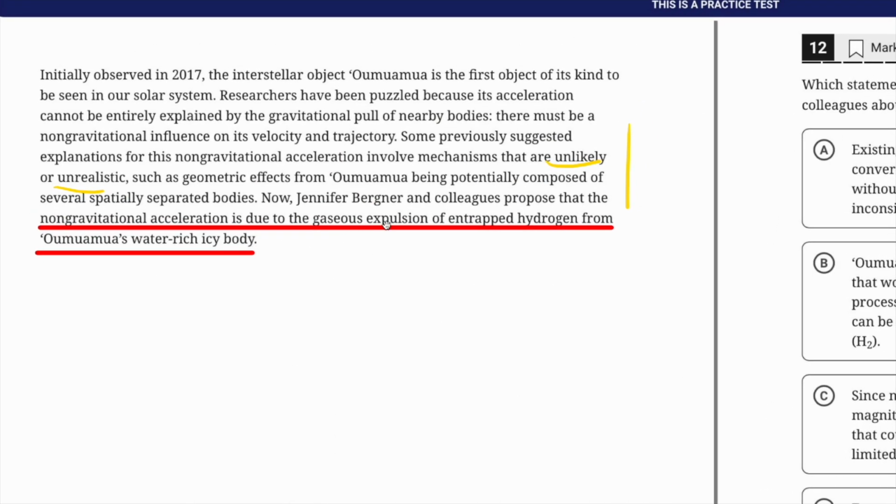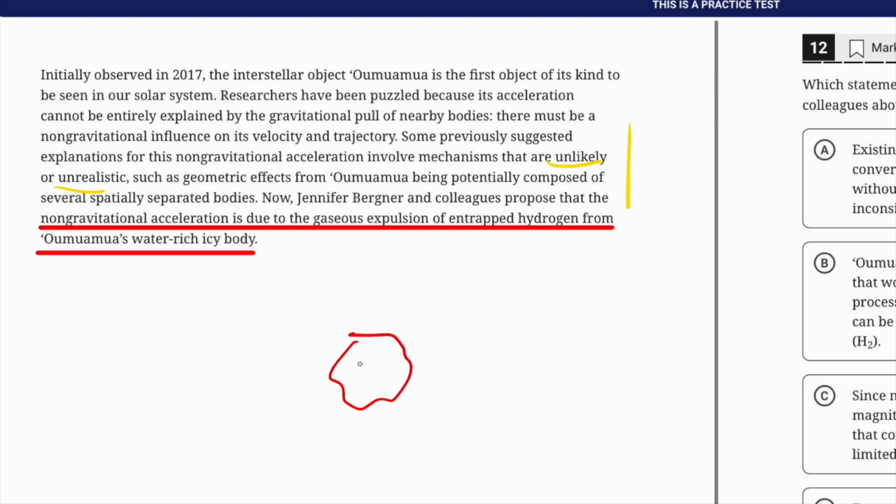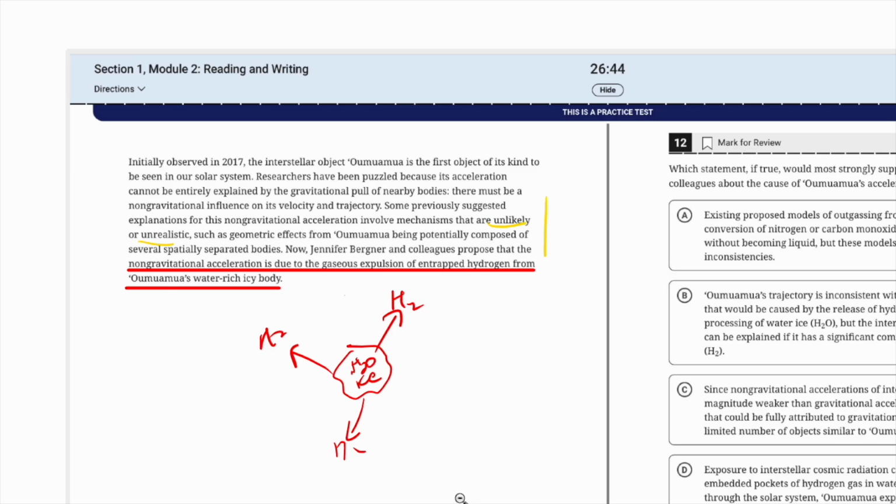Due to the gaseous expulsion of, I'm going to say, here is its water-rich icy body, so H2O ice, as opposed to ice from other substances. And then we have hydrogen being expelled. Okay, something involving hydrogen.